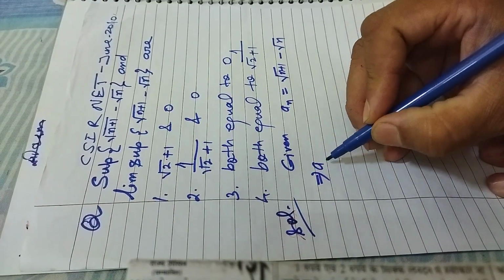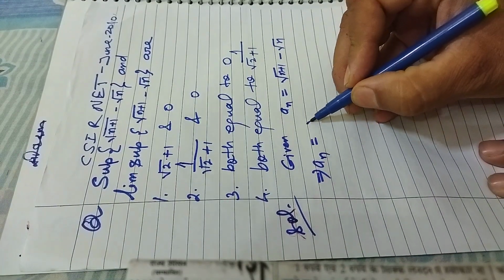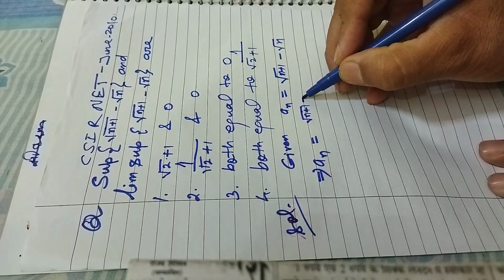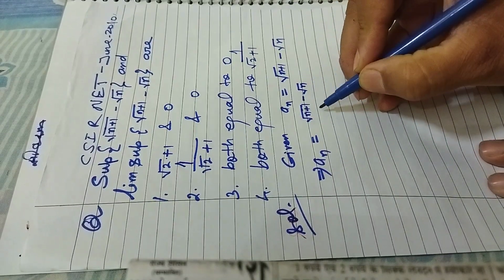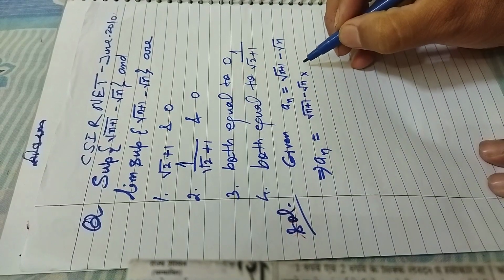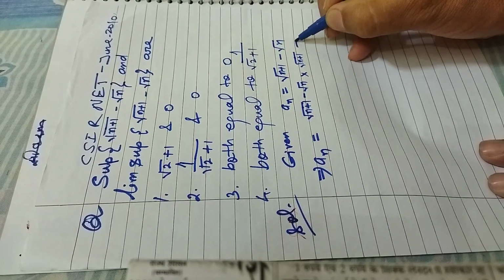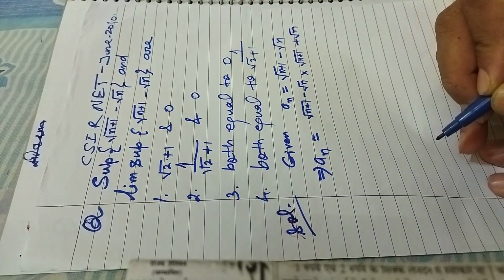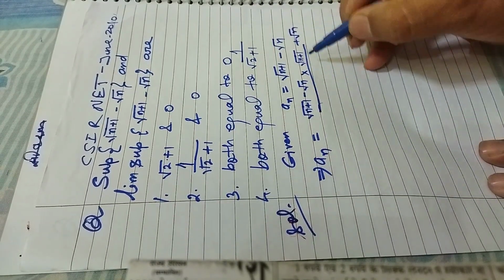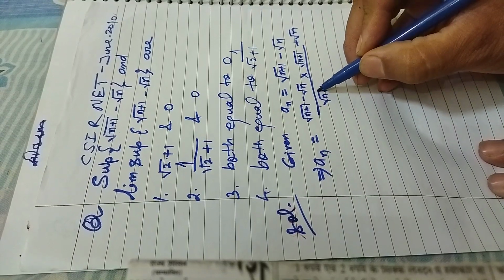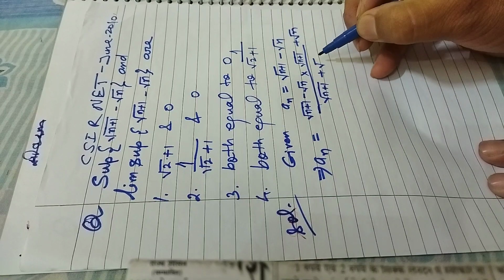It can be written as an equals root n plus 1 minus root n, multiplied by root n plus 1 plus root n, divided by root n plus 1 plus root n.